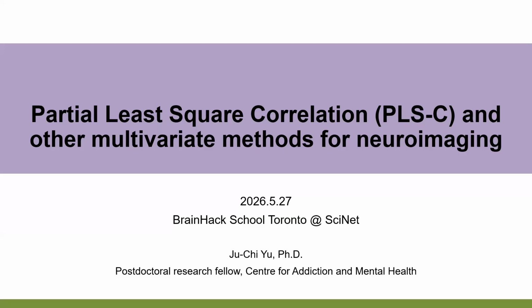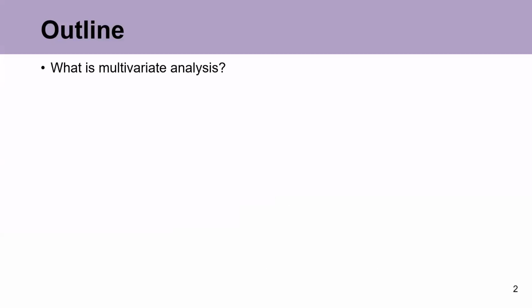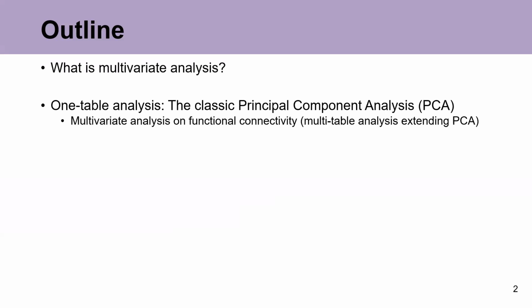I'll talk about what it does in general first, and then I'll start with the classic PCA because PLS is looking at the relationship between two sets of things. So imagine it's like a multivariate correlation. But it all stems from PCA, which works on a single data set.